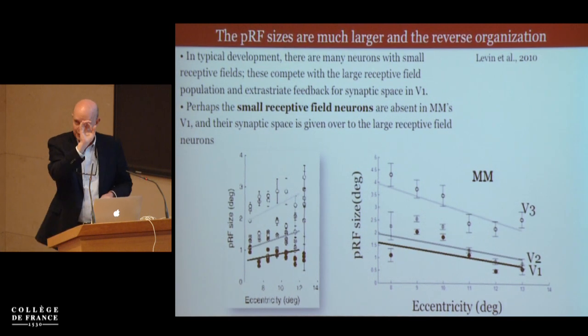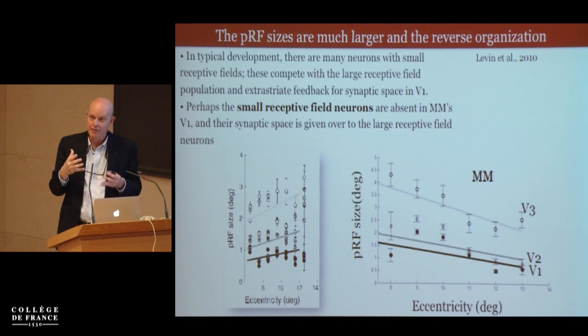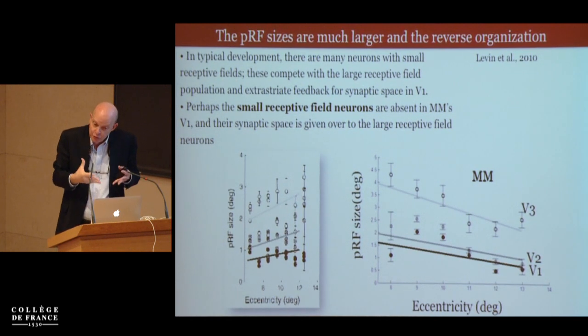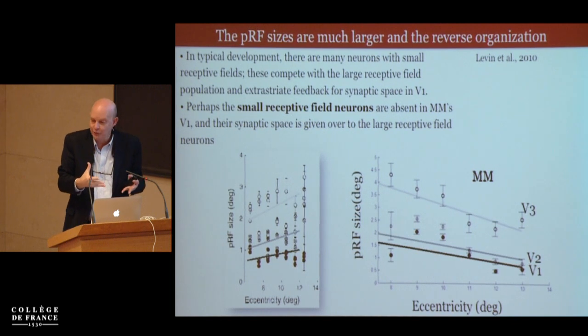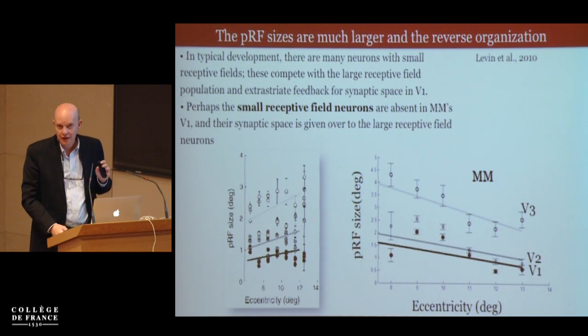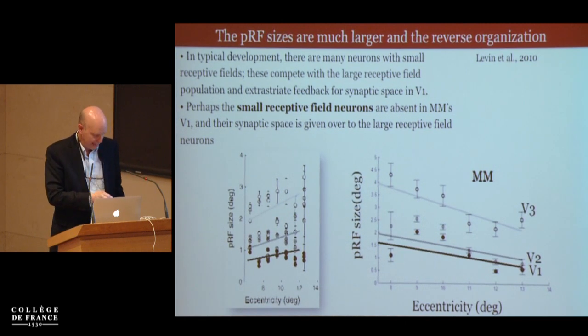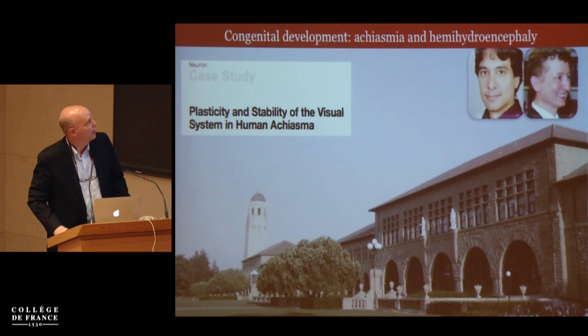And so you don't get the fine detail in the center, you get these big receptive fields. If those are principally the ones that feed object recognition, that leads to a problem as well. So it's just a theory, but I feel like we've got at least something to work with based on the magnetic resonance imaging.